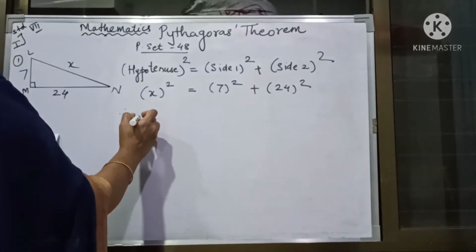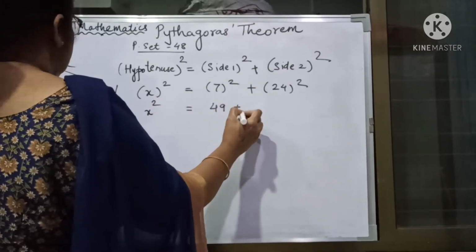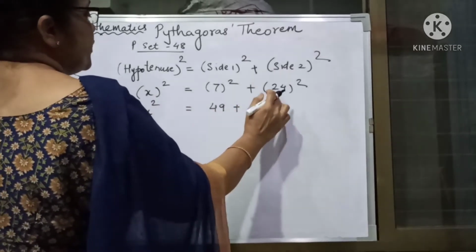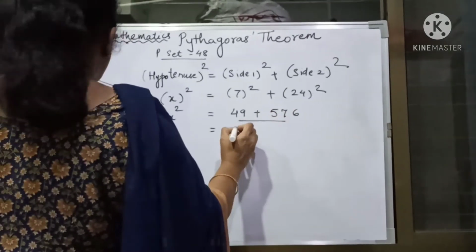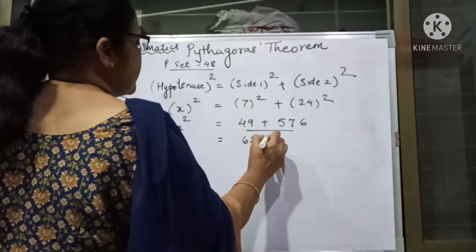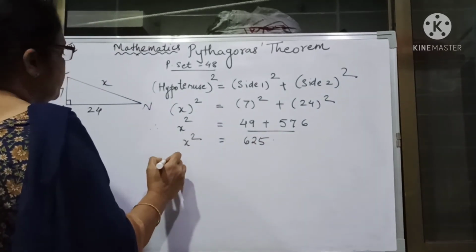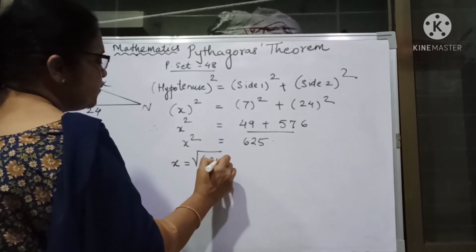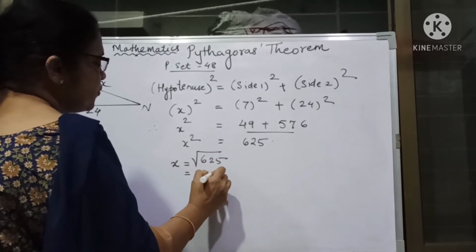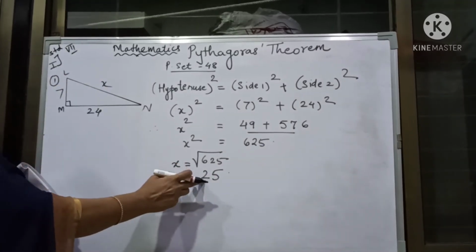Therefore, we have x square is equal to 49 plus square of 24 which is 576. You add this, after adding you get 625. So x square is 625. You have to find x. So x will be square root of 625, which is equal to 25. So here the hypotenuse is 25.